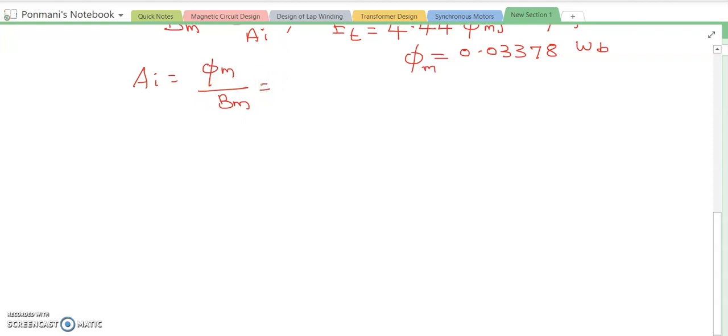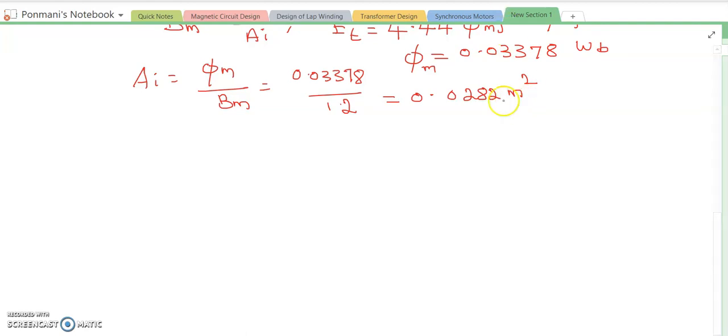Flux density is already given in the problem as 1.2 Webers per meter square. So it is 0.03378 divided by 1.2 Webers per meter square. So we'll be getting the net area of core in meter square. On dividing these two, we will be getting 0.0282 meter square.